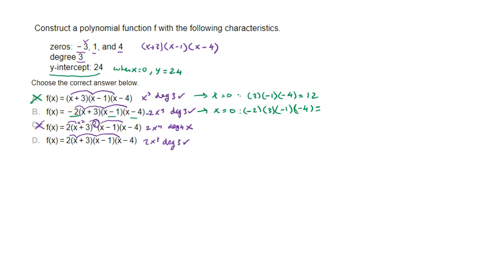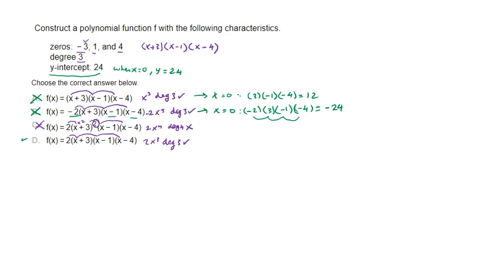Okay, so if we multiply this out, what do we get? We get -6 times -1 is +6 times -4 is going to be -24, which is also not what we want.